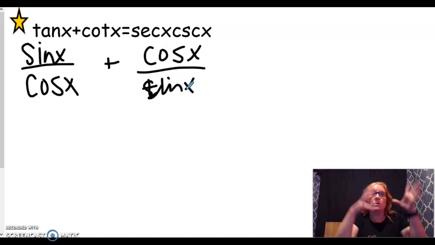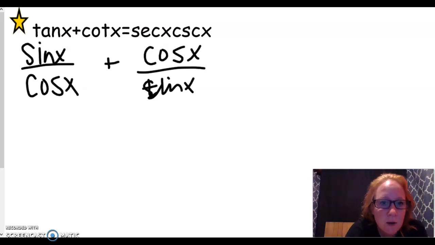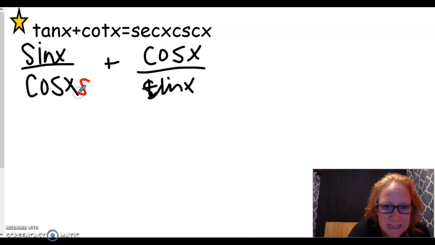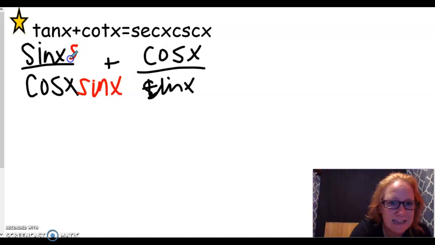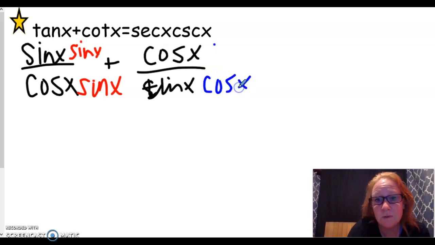Now it's a fraction, we're adding it, so common denominators. Over here, I'm going to go sine x and sine x because I want to get common denominators. So here I'm going to go cosine x, cosine x.